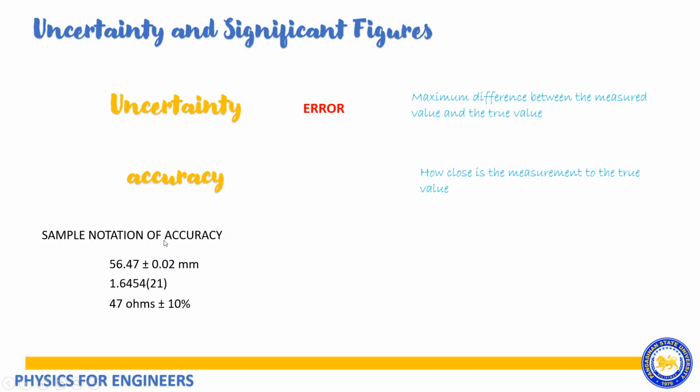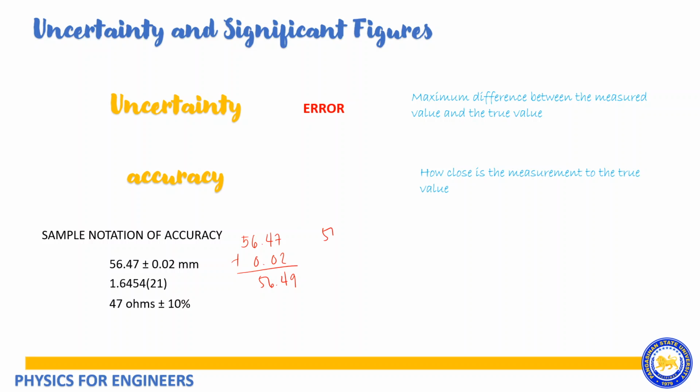Okay? So, ang proper notation of accuracy is 56.47 plus minus 0.02 mm. Ang ibig sabihin po nito is pwedeng ang totoong value is plus 0.02 or minus 0.02. So, kung magpa-plus tayo, 56.47 plus 0.02, 56.49.